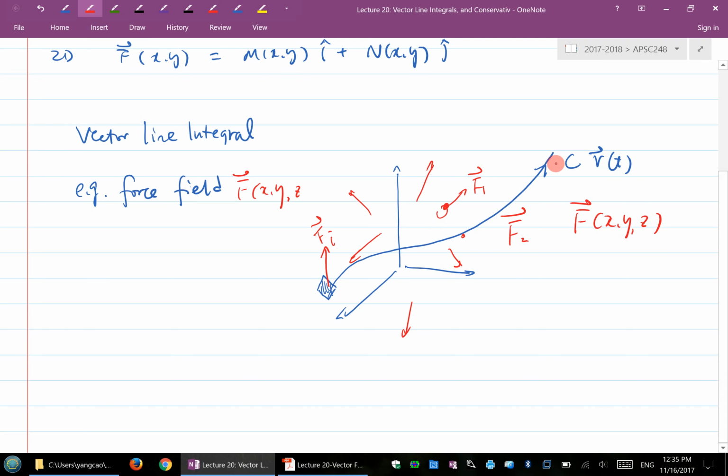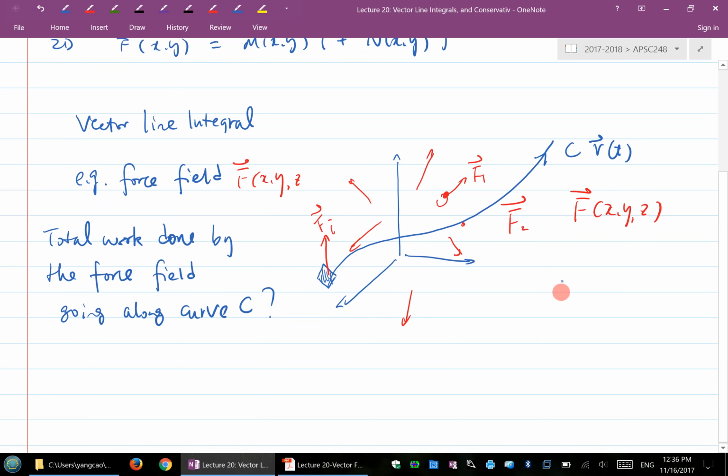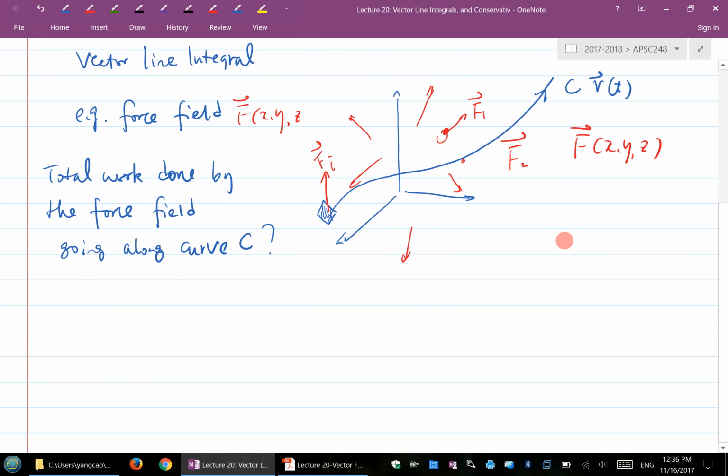Total work done by the force field going along curve C. This is the objective we're going to find out. How much work does this force field do to push this small mass across the curve C?